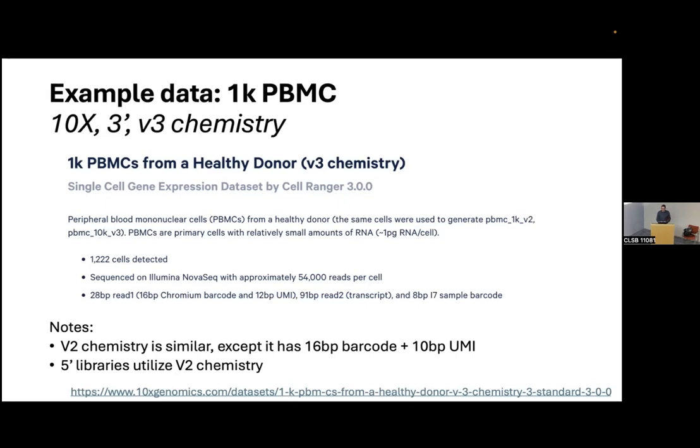So most samples processed these days are going to be version 3, with the big exception that 5' libraries, as opposed to these 3' libraries, are version 2 chemistry for whatever reason. So if your data are 5' derived, especially for those who do RNA plus TCR clonotyping analyses, you have to know that your RNA data are version 2 chemistry, which means a 10 base pair UMI.